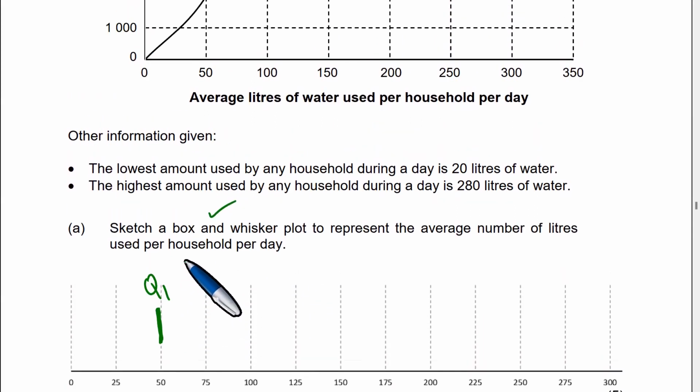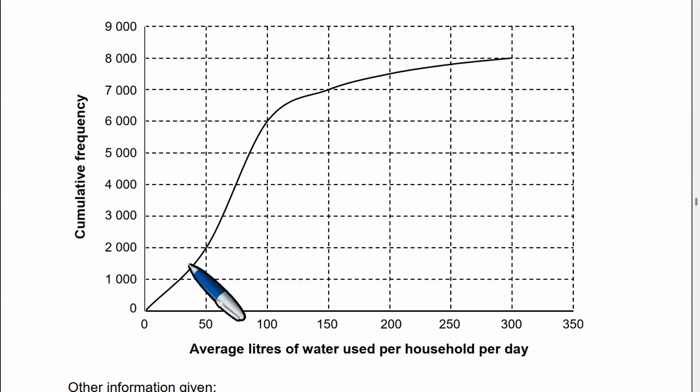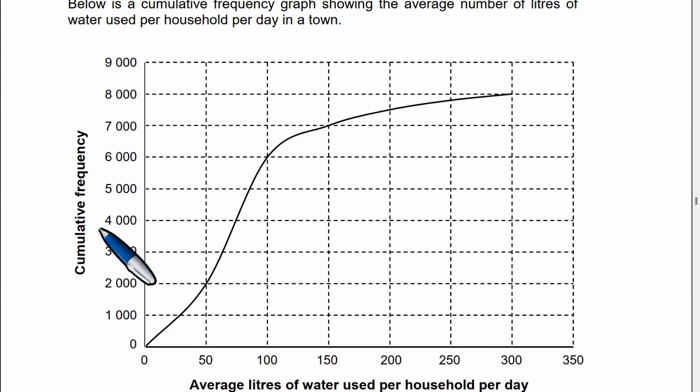So this is going to be Q1. And then Q2 is half, 50%, median. So half of 800 is 400. And 400 is sitting between 50 and 100. Okay, 50 and 100 has 25 in the middle. So it's 75 here. 50 plus 25 is 75.